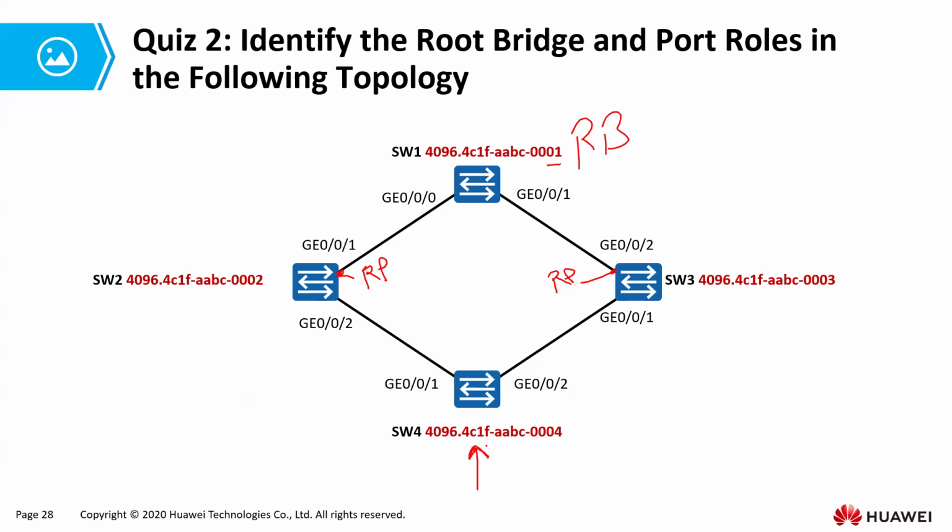Keep in mind, root ports are found by using the RPC. So if I'm on switch 4, what is the shortest way to the root bridge? What is the root port of switch 4? For switch 2, I put the root port here. For switch 3, I put it here. What about switch 4?